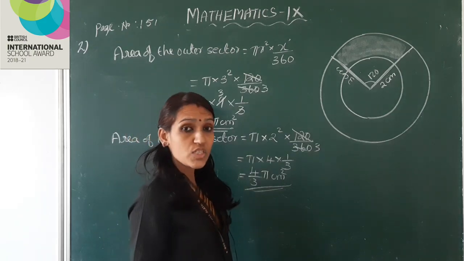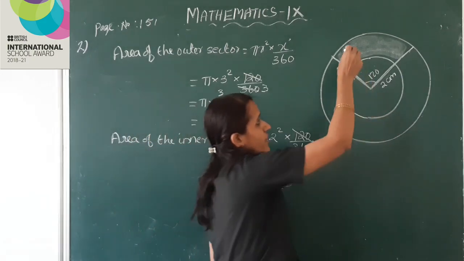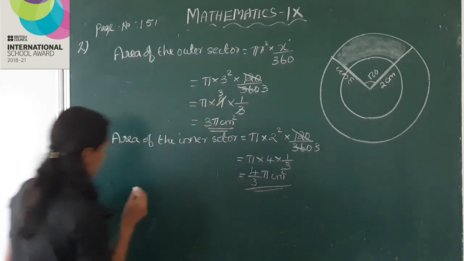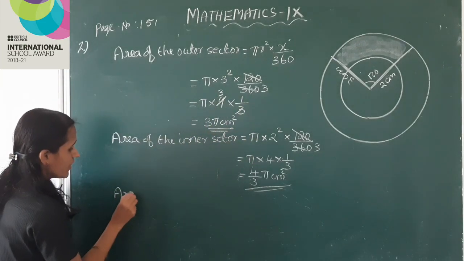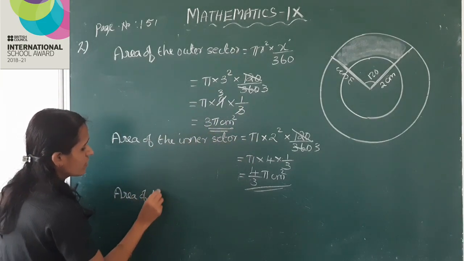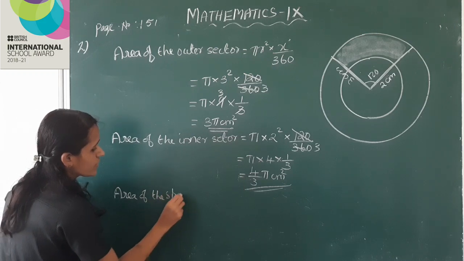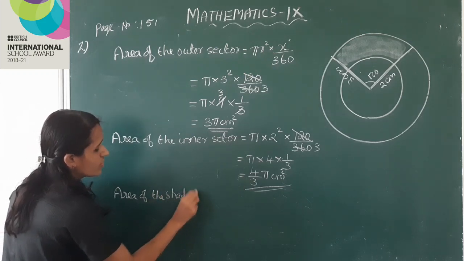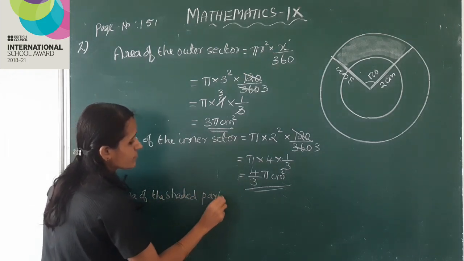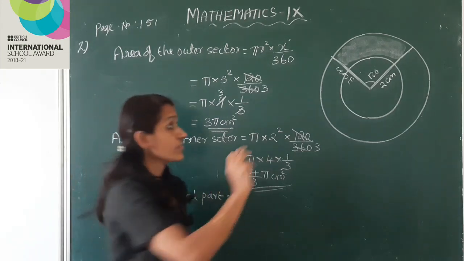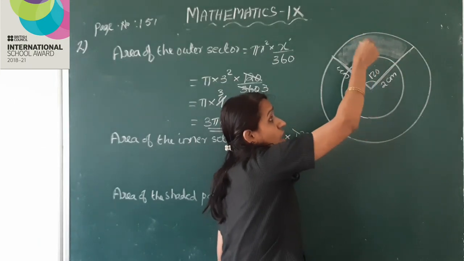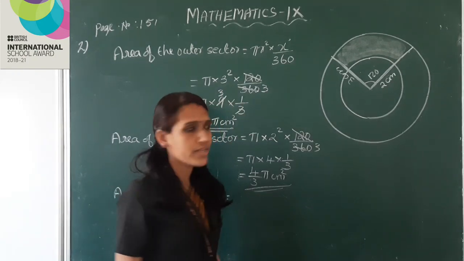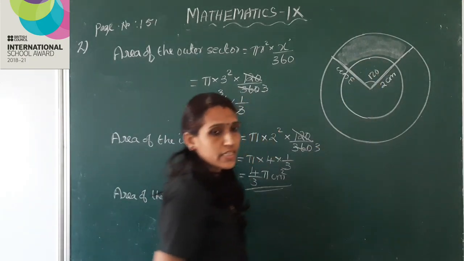Next we have to find the area of the shaded part. Area of the shaded part is equal to area of the outer sector minus area of the inner sector.